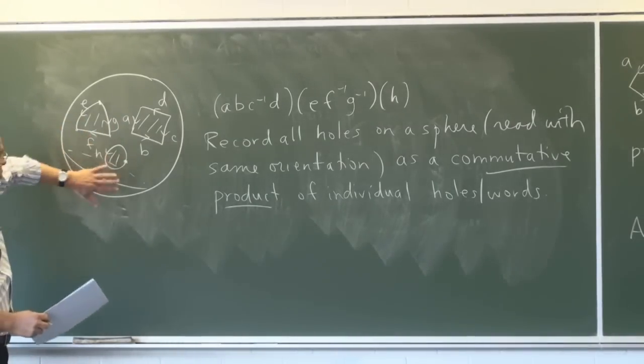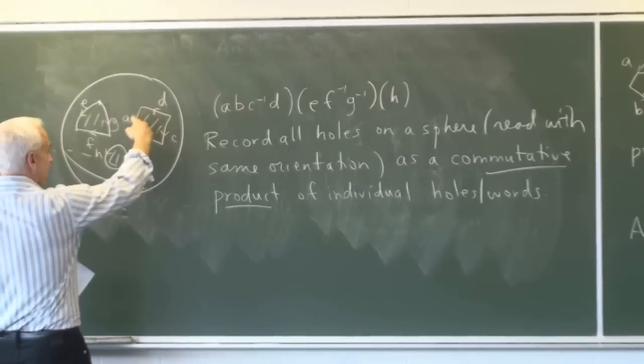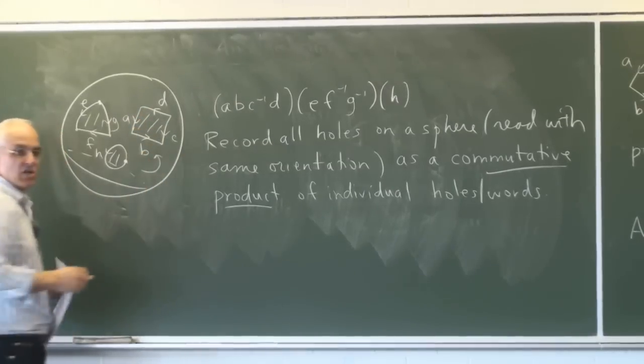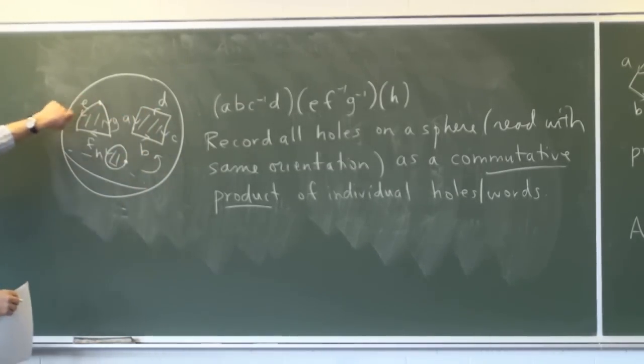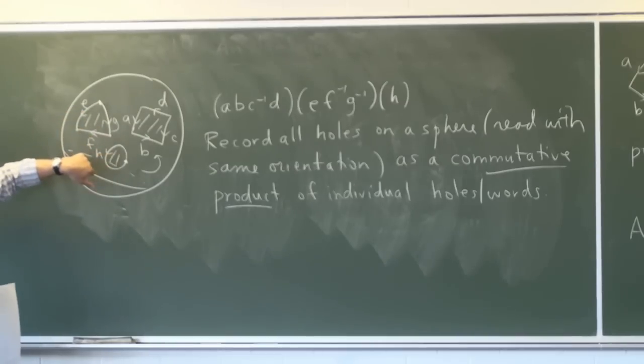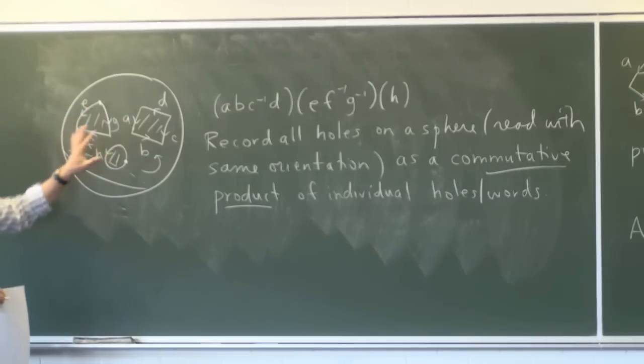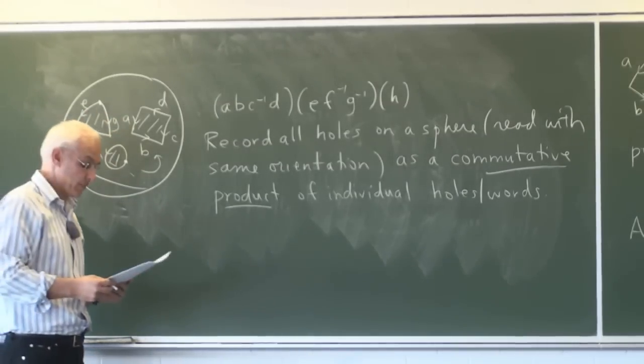When I say the same orientation, we're on a sphere here, so I'm reading this one here. There's really an orientation like this on the surface of the sphere. I'm reading this one in that orientation, and we're going to read all of them in the same way to be consistent over the surface of the sphere.